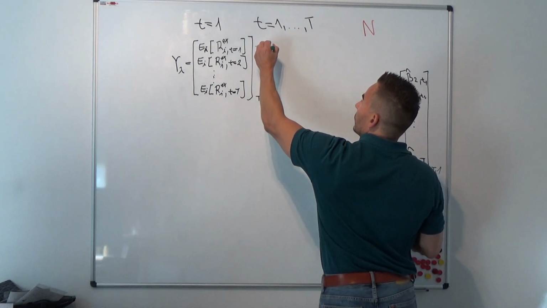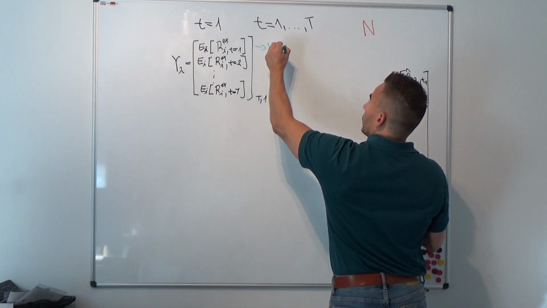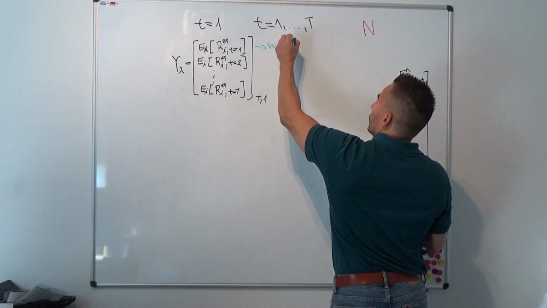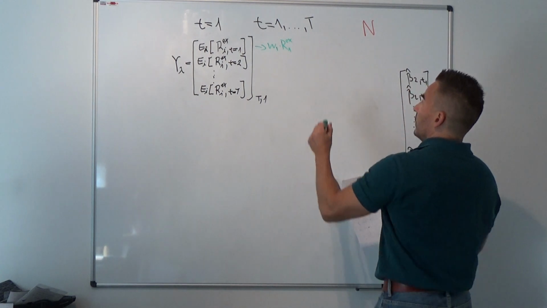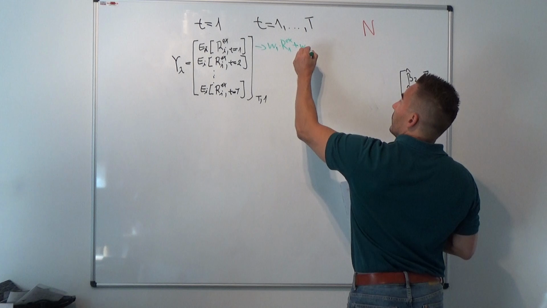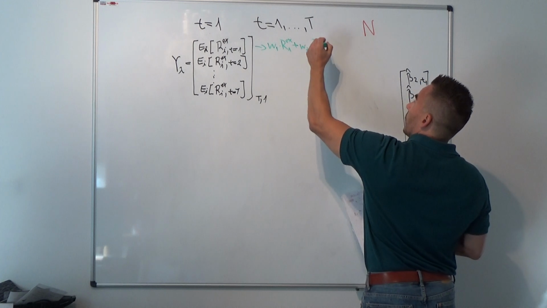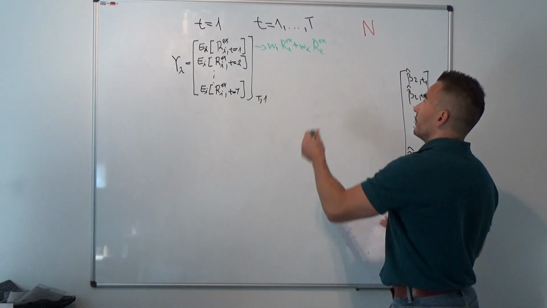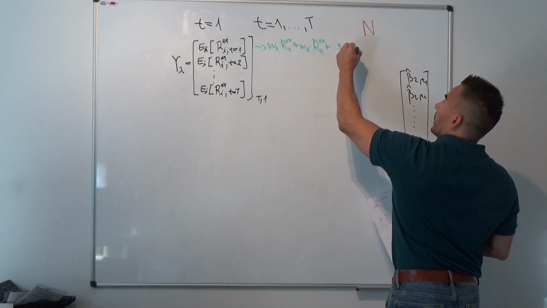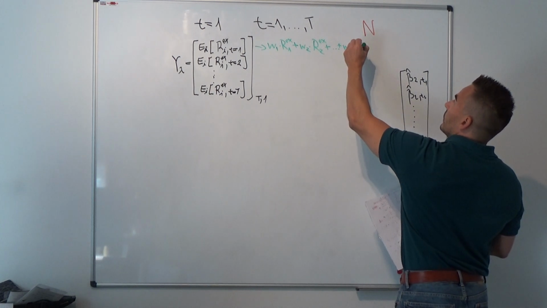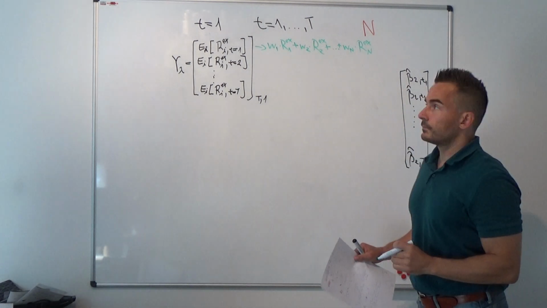It means we take the value-weighted return of the first stock times the excess returns of the first stock for t is equal to 1, our first observation, plus the value weight times the excess returns of the second stock given time t is 1, and so on, until we end up with the value weight for the nth stock times the excess returns of the nth stock given time t is equal to 1.